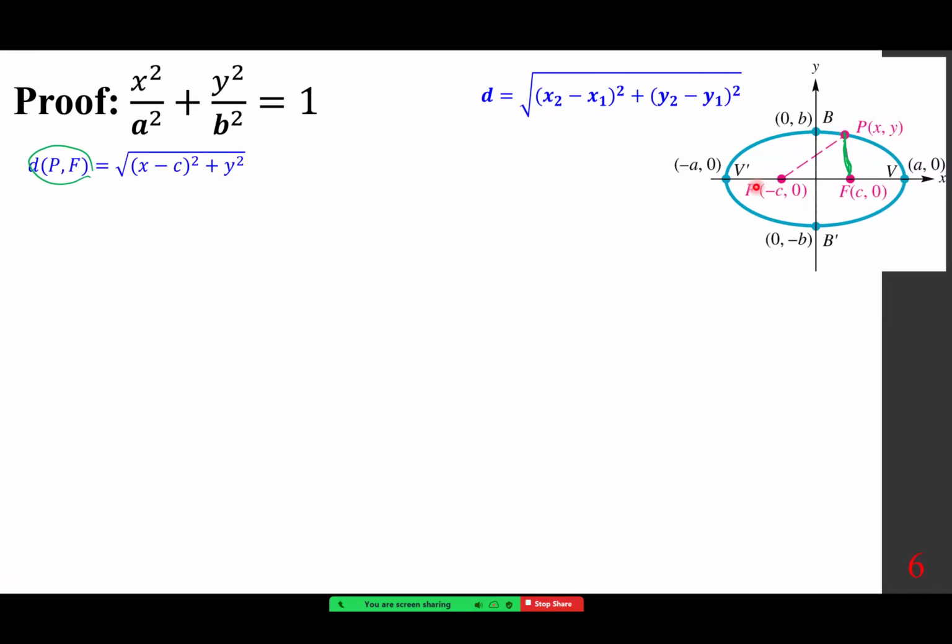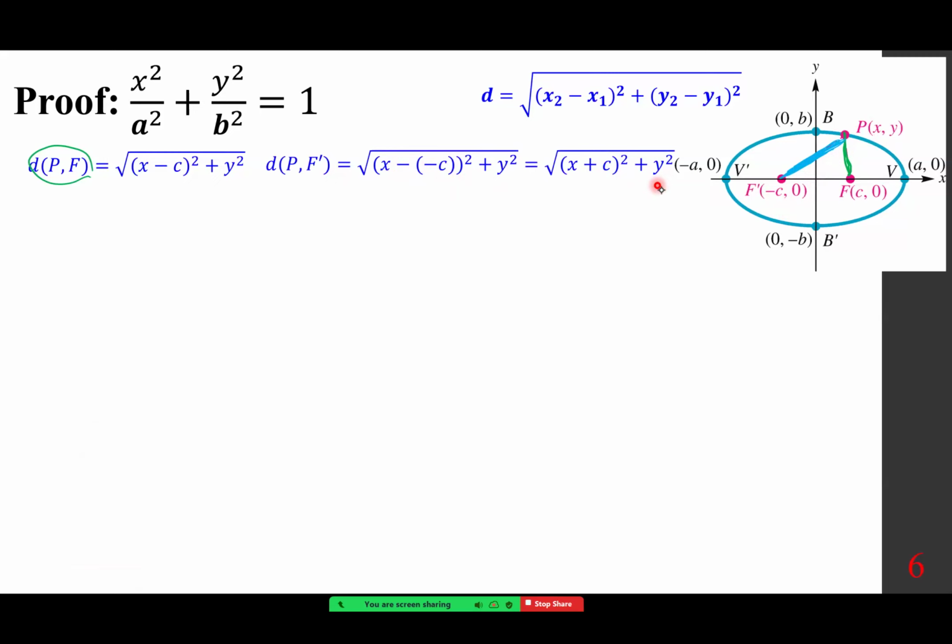Now this distance, let's use a different color on that. What do we have here? PF prime: x minus negative c, which makes it plus c quantity squared, and y minus 0 quantity squared. So that's what we have: the square root of x plus c quantity squared plus y squared.